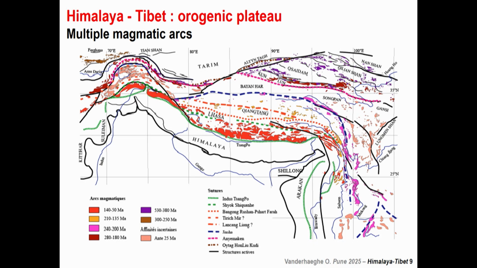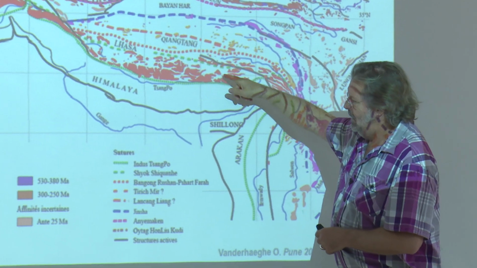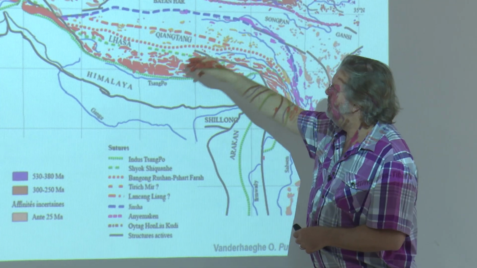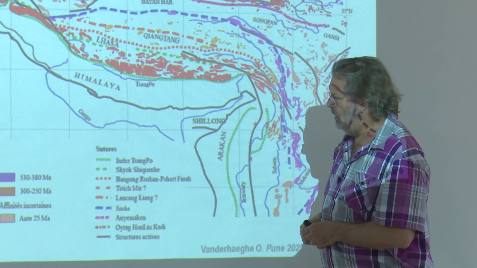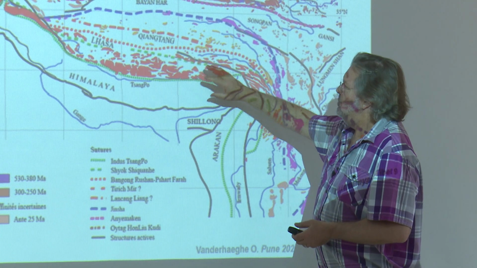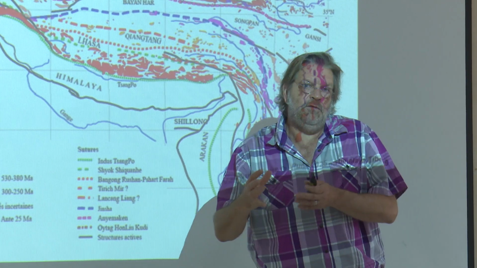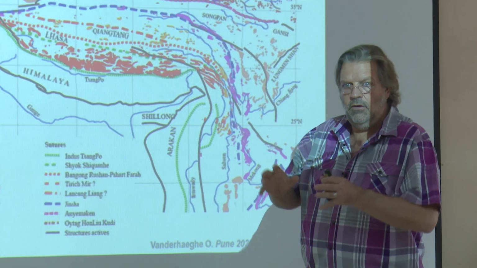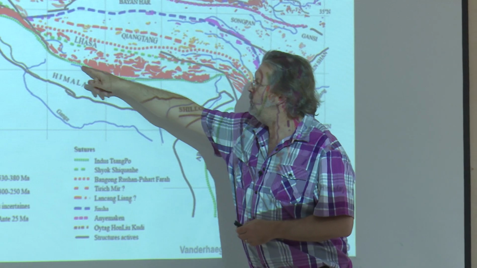And there's a migration from north to south. The oldest is there, and it gets younger and younger. The latest one is the Trans-Himalayan or Ladakh batholith here, but the Trans-Himalayan batholith, its extension to the east. And that's the last events. Dipak is working on that. It's 55, 40 million years, and that's the last magmatic event, which is north of the Indus-Tsangpo suture.